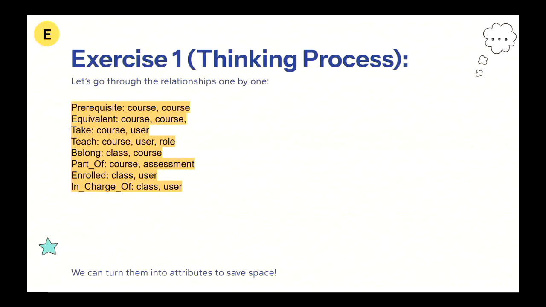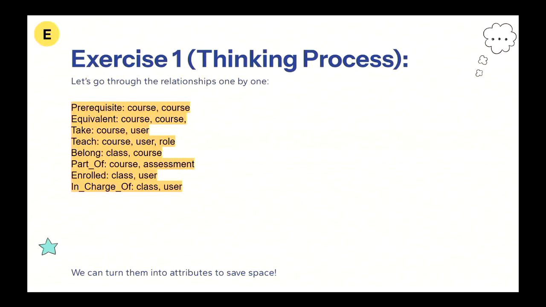So let's go through the relationships one by one. We can turn some of the relationships into attributes to save space. For prerequisite, the relationship here is many to many.